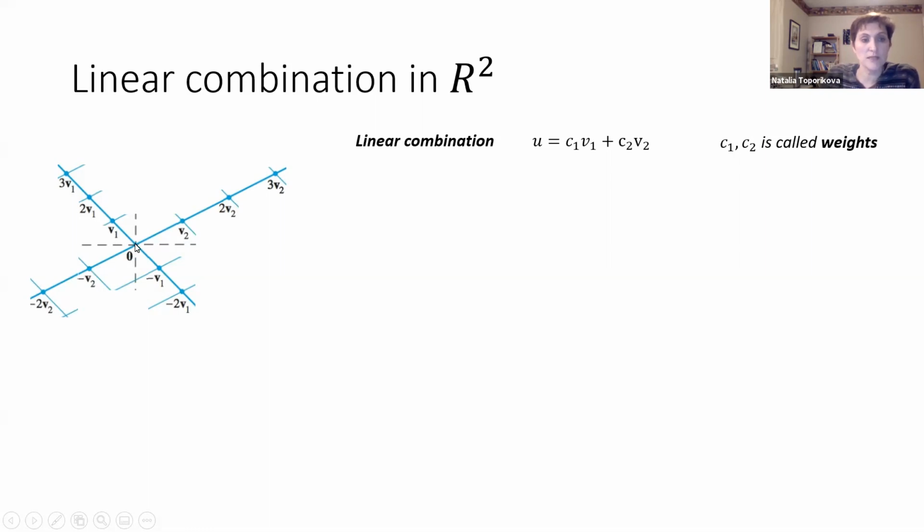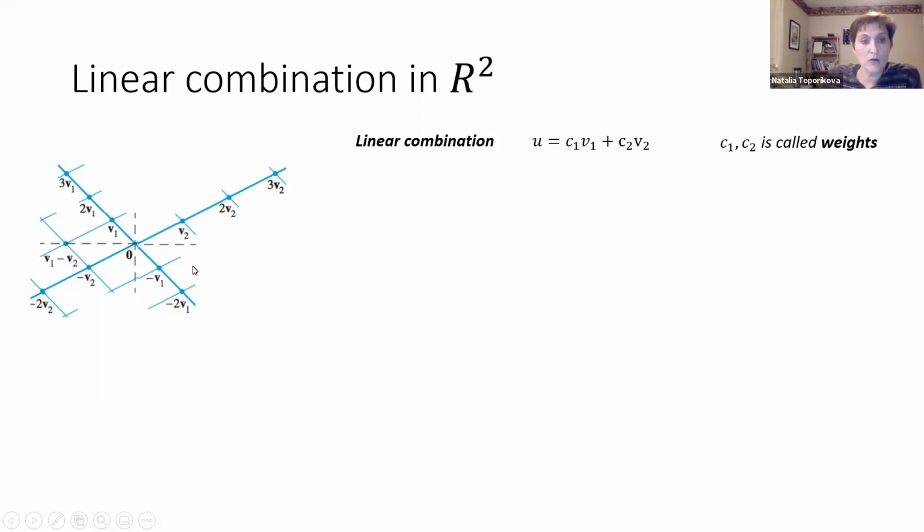For example, if we step 1 unit in direction v1 and then 1 negative unit in direction v2, we will get the linear combination v1 minus v2. In other words, the weight c1 is equal to 1 and weight c2 is equal to minus 1.